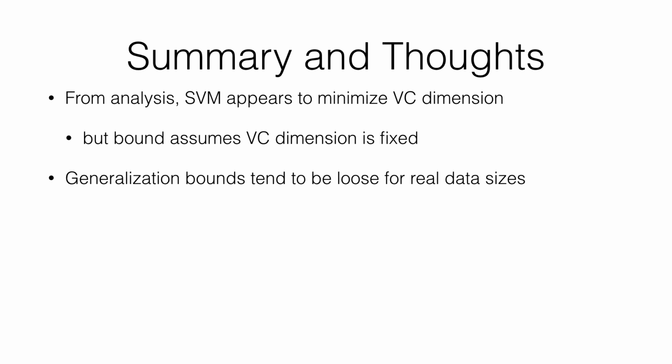That would mean that all you can do is shatter one point. In practice, VC dimension tends to be fairly large, therefore making the bounds large enough that a lot of times they don't even tell you anything because the bounds are bigger than the error could possibly be, in which case the bound becomes vacuous.